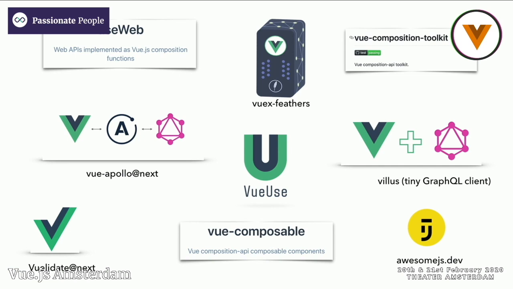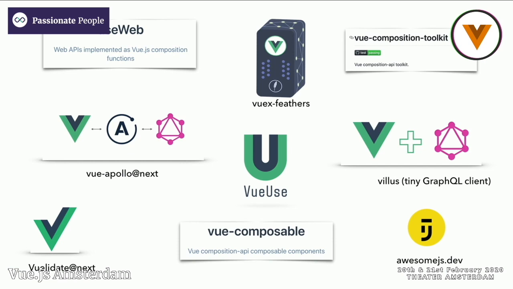And it also allows you to easily extract common code that you previously probably often wrote in your components just because it wasn't worth pulling it into a mixin and adding all of this confusion where you have a couple of mixins and you don't know what piece of code is coming from which mixin. This works much better with the composition API, which is why there are already a lot of small utility projects coming up.